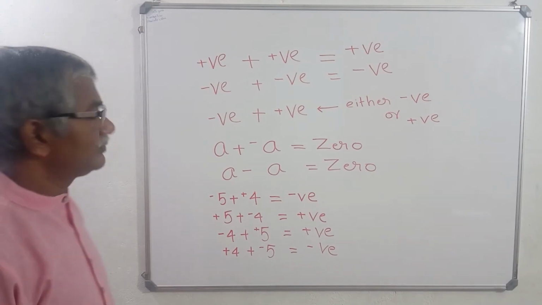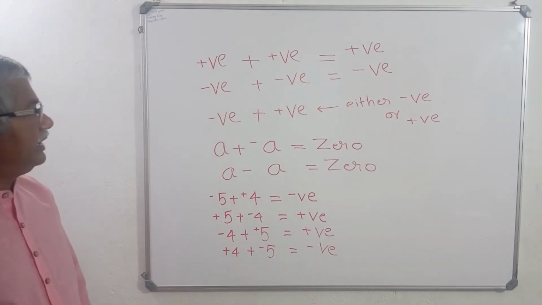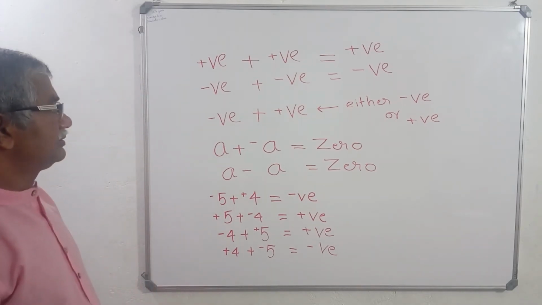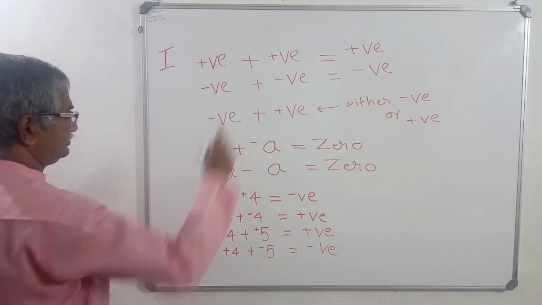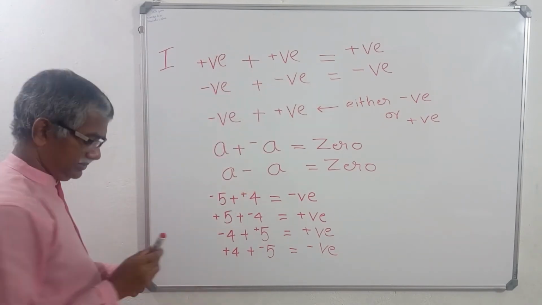Considering the addition and subtraction of a negative number and a positive number. First step, we are considering the sum of 2 positive numbers.